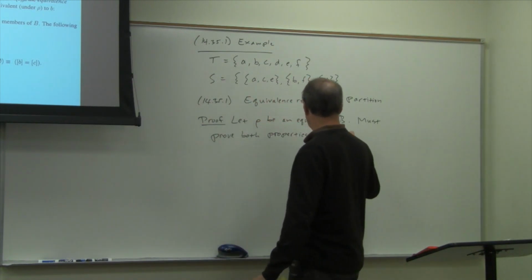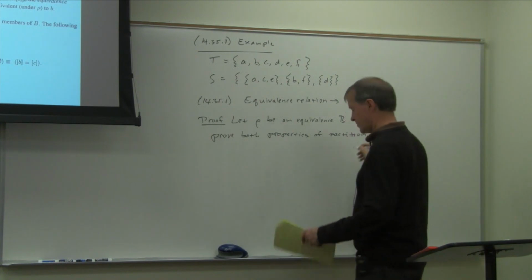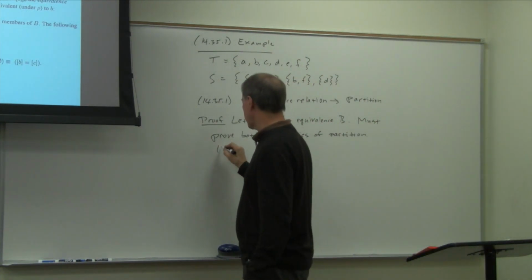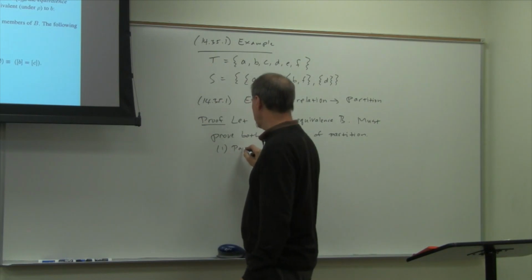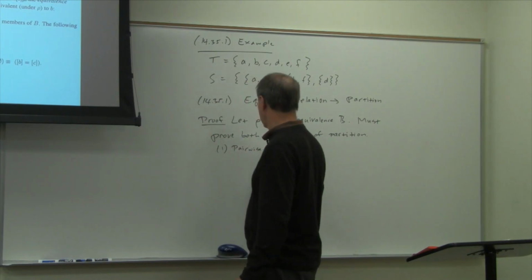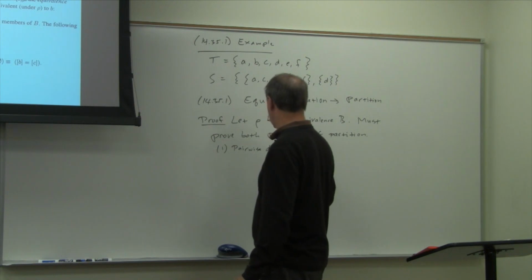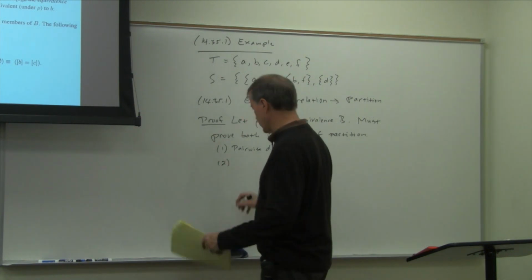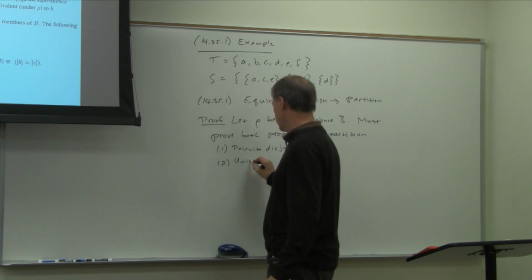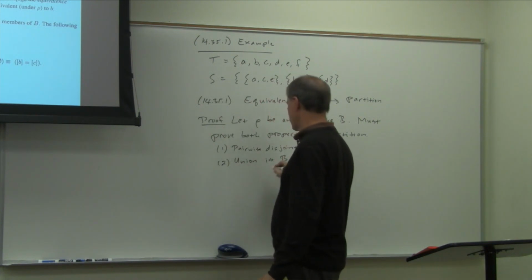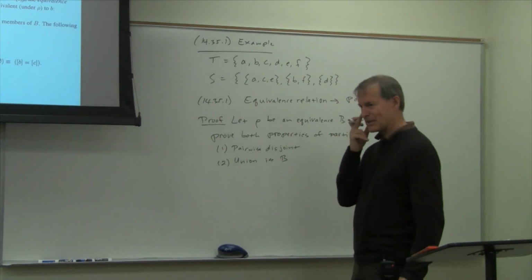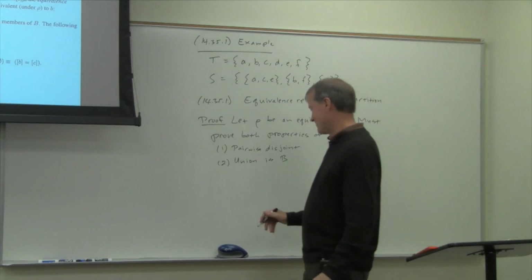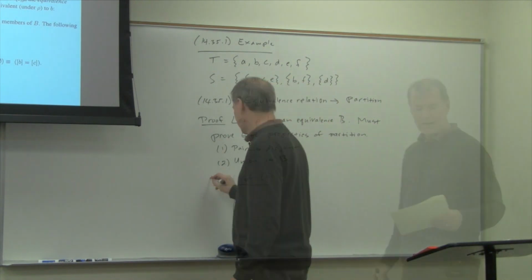Those two properties are: 1, pairwise disjoint, and 2, the union is B. Are you with me? Now, I'm sorry, you're not going to like this because it's going to be a little informal. So let's do the proof of 1.